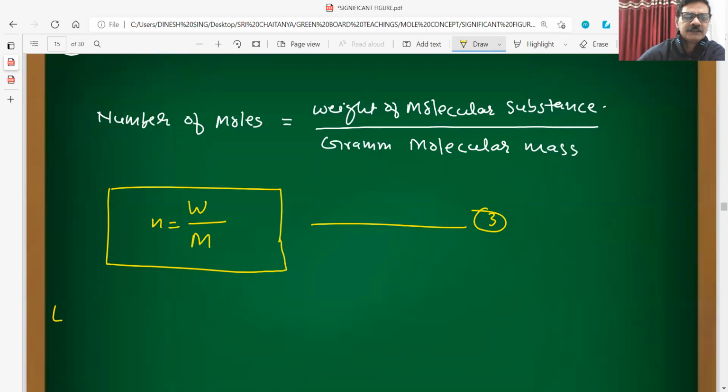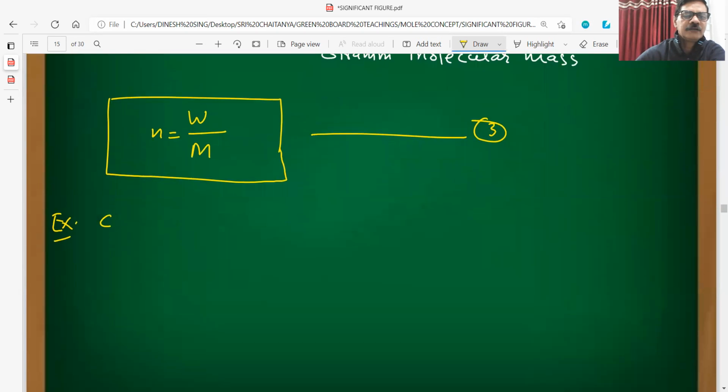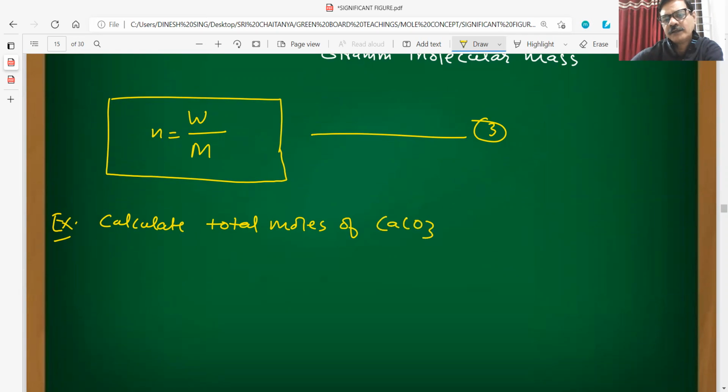For this again we can see one example: calculate the total moles of calcium carbonate present in a 25 kg limestone.